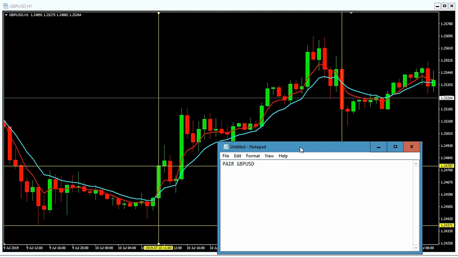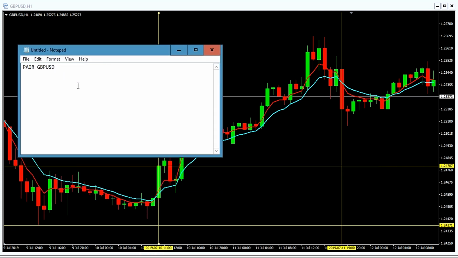So we'll take a notepad and write down the pair we were trading, the GBP USD, and first we put the date and the profit. The date is the 10th of July, and the first profit was 41 pips.